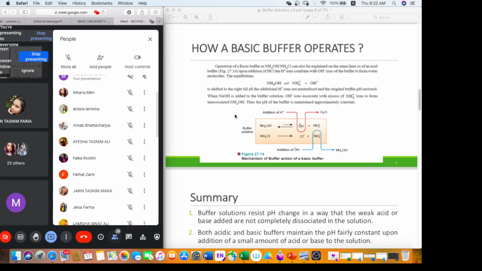Okay, and if you add OH group, that means if you add base, it will add with an acid and neutralize it as ammonium hydroxide. Okay, in this case, I understand that your concept is not clear. Okay, so look at the lecture slide.